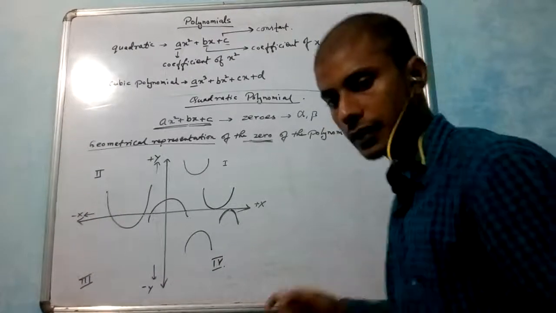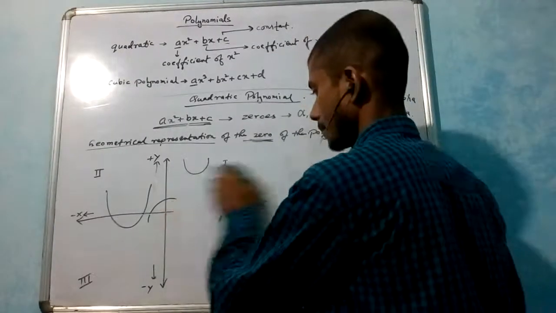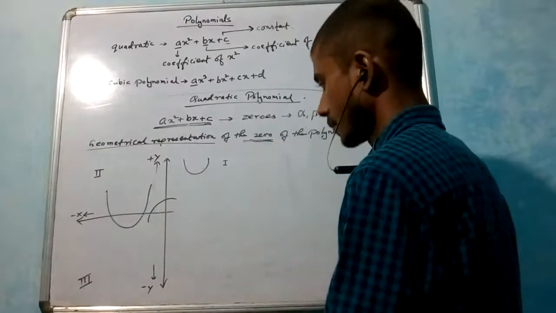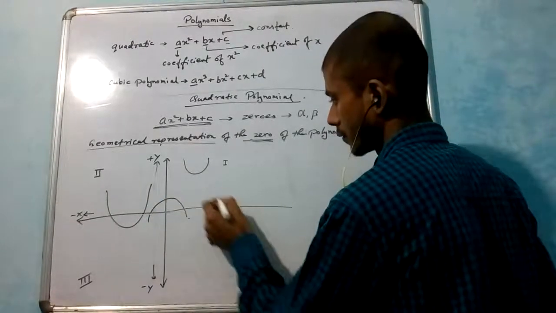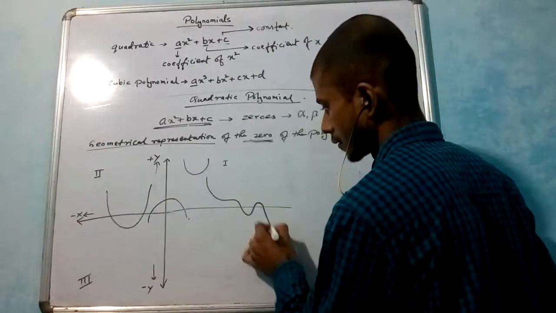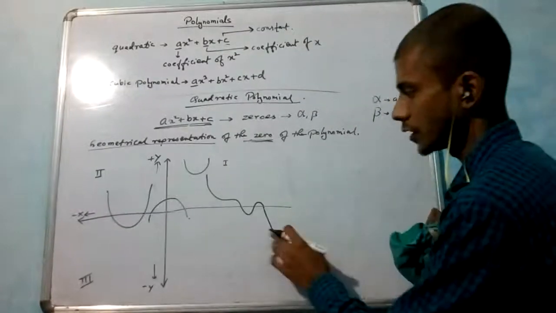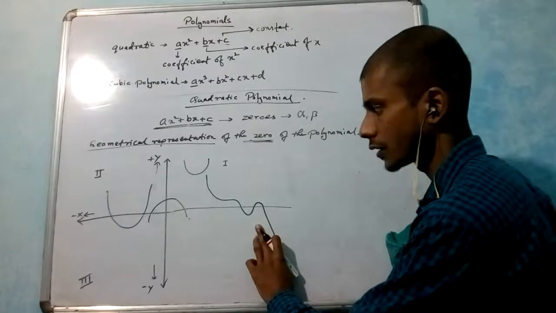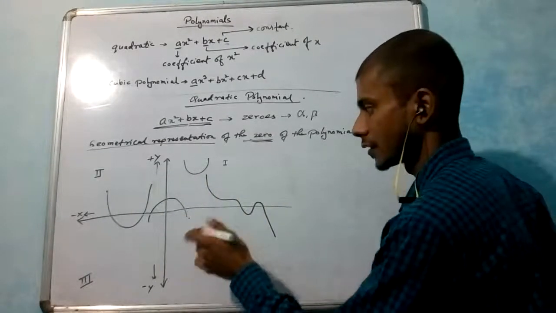Suppose we have another curve like this. How many zeros for this? This is not a quadratic. This can be cubic or any other form, some polynomial.